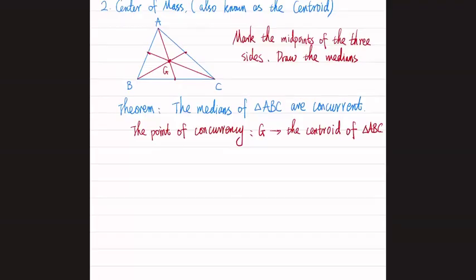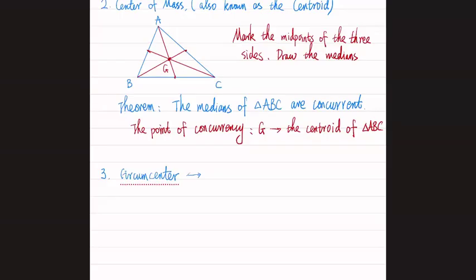The third center is called the circumcenter. We should compare this with incenter.